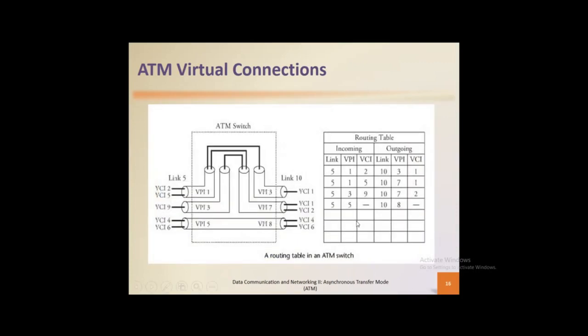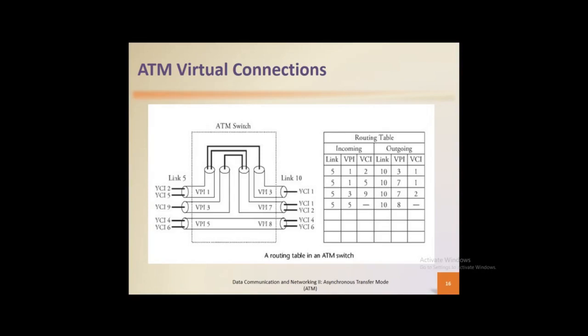Now here's more or less a routing table within an ATM switch. When we look at ATMs and their logical connections, virtual channel connections, and virtual path connections, how do they really formulate and handle the transmissions that come through?